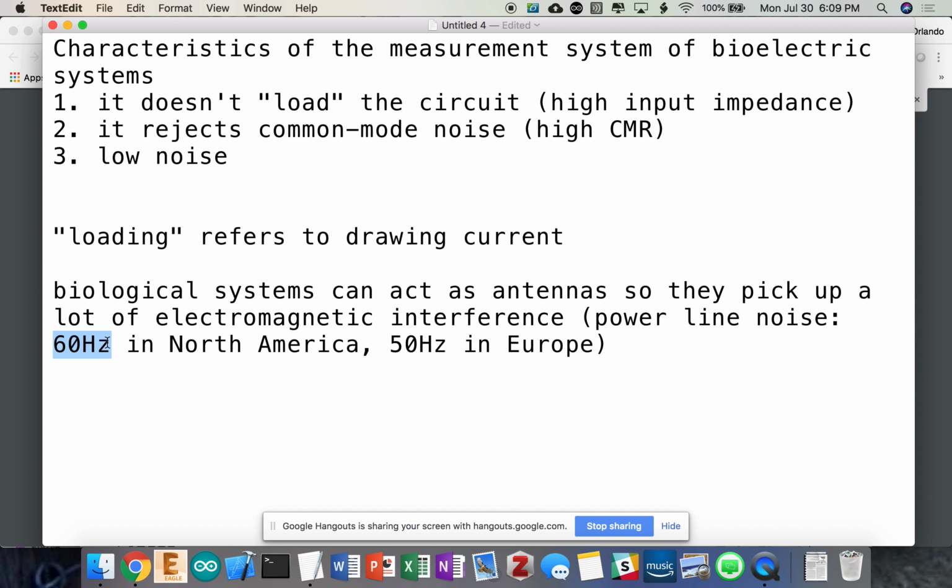That power line noise will be picked up by the two probes of your instrumentation amplifier, and it will be common to both signals. So having a high common mode rejection ratio, or high common mode rejection, will eliminate that 60 hertz power line noise from the signals you're measuring.